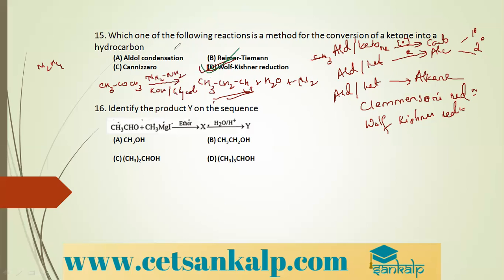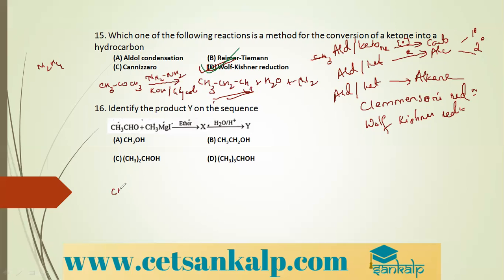Identify the product Y in the sequence. These questions are my favorite questions. We'll get so many of them. Everything, the entire organic chemistry of first PUC and second PUC, gets simplified in such questions. You can identify for yourselves whether you are perfect in all your organic chemistry reactions just by solving such sequence questions. So, 16th question.